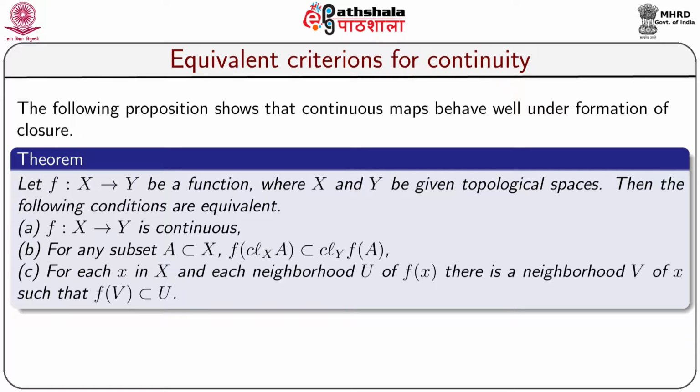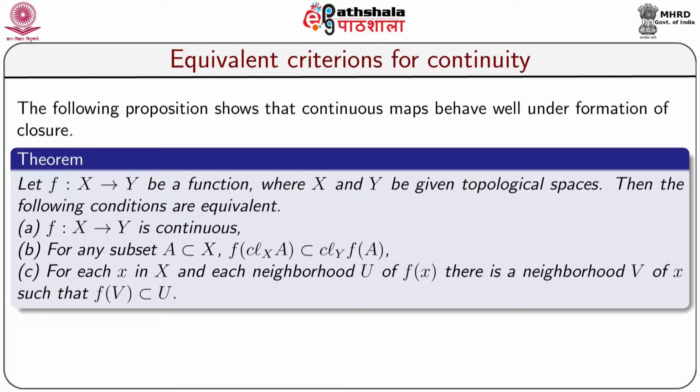B: for any subset A, f of closure of A with respect to X is contained in closure of f(A) with respect to Y. Condition C: for each x in X and each neighborhood U of f(x) in Y, there exists a neighborhood V of x in X such that f(V) is contained in U. The third criterion is generally called the local criterion for continuity.